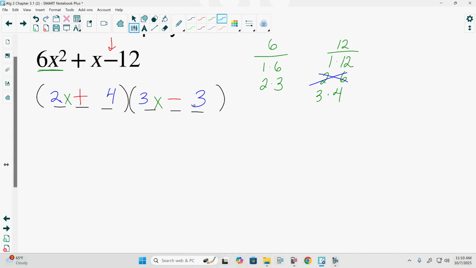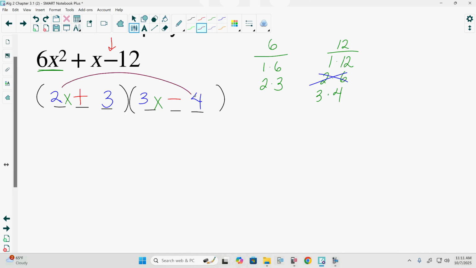If we check this, 2x times negative 3 would be negative 6x. 4 times 3 is plus 12x, giving us positive 6x. It doesn't work, but also we can see that because there is a greatest common factor, it's not going to work anyway. So the only way we can use 2 and 3 from 6 and 3 and 4 from 12 is if we have 2x plus 3 times 3x minus 4.